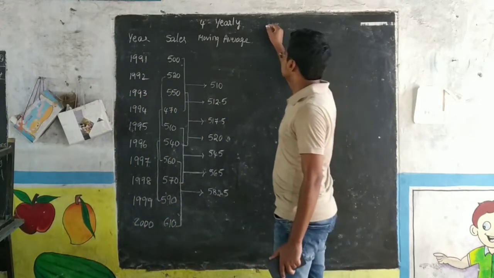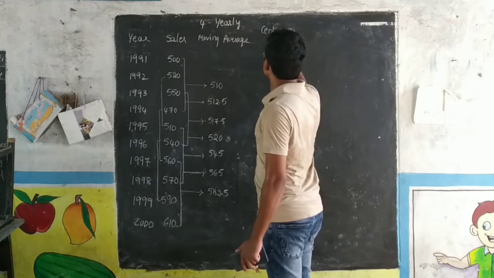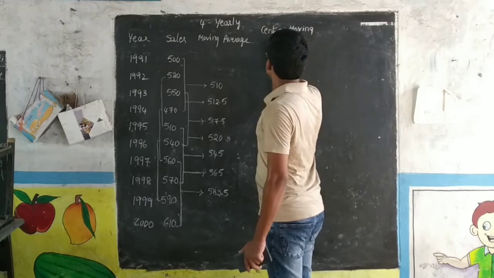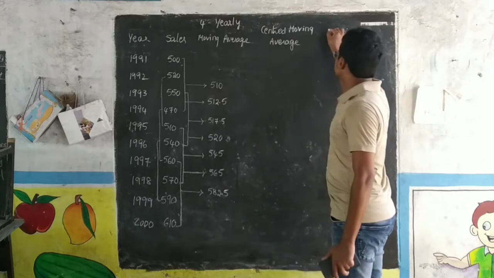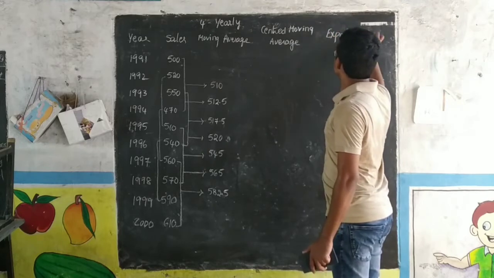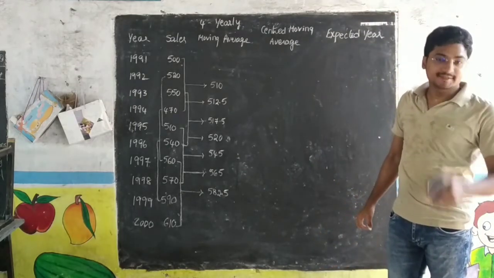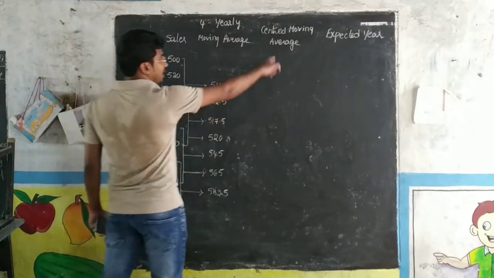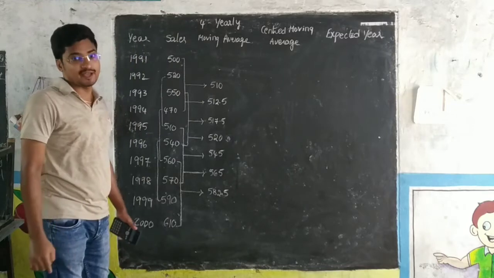Next column is centered moving average. Next, the last column, expected year. We have to find the centered moving average by using the 4 yearly moving average values.